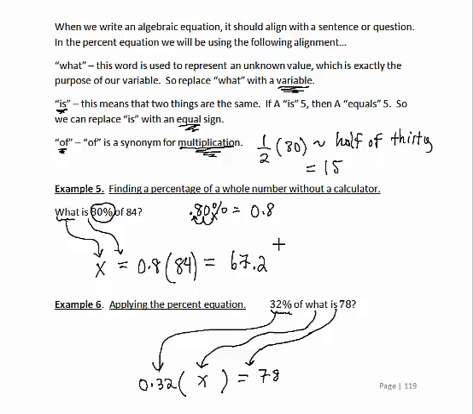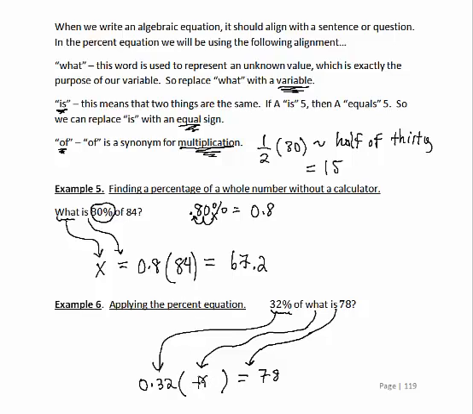So we can just go from start to finish in line with the sentence, the question, replacing each component with a decimal number, a variable, an equal sign, or another number. So this is actually going to require what most would consider to be a little bit of algebra, where the x is not by itself, as example 5 was.